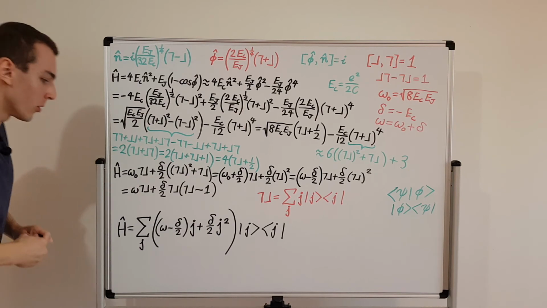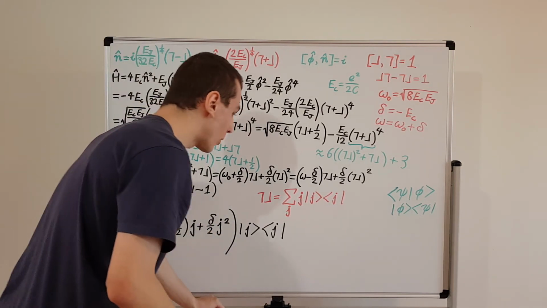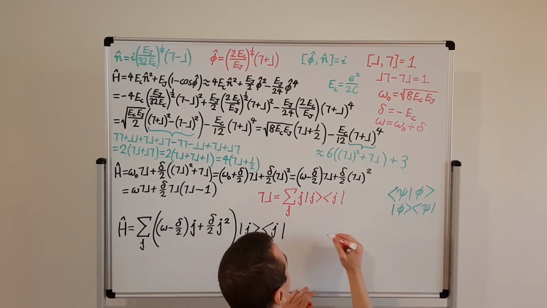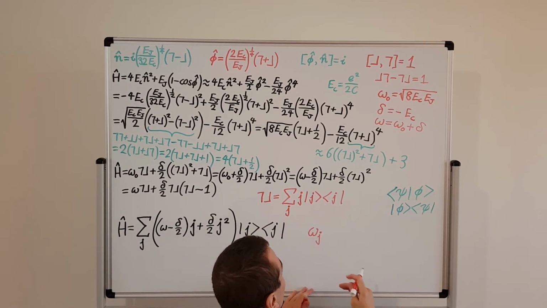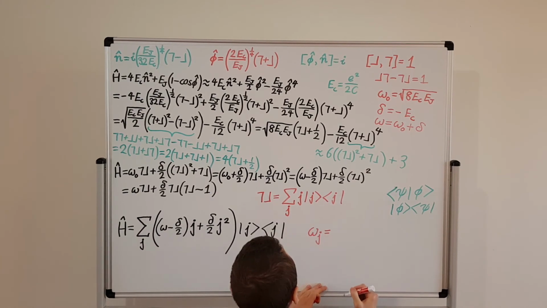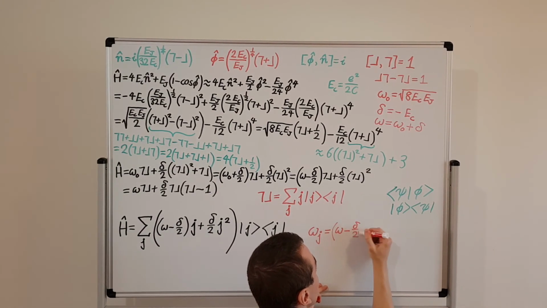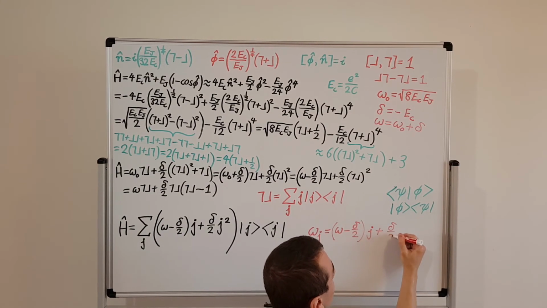And we can actually call this omega sub j, and I'll write that underneath over here. Omega j is the jth omega, or the transition frequency. This is equal to omega minus delta on 2 times j plus delta on 2 j squared.